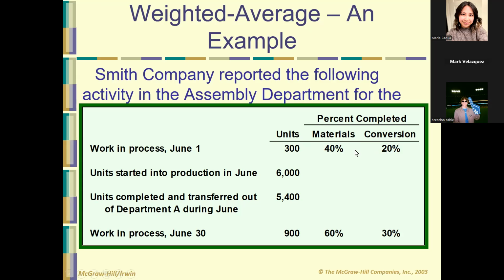We don't add these two numbers up. They're two totally independent items. Materials: maybe this bottle was filled up, but they didn't have the label on. They didn't have the bottle cap on, so it was only finished up to 40% for the materials. Or they didn't even put the fluid in yet, and the conversion cost is 20%.